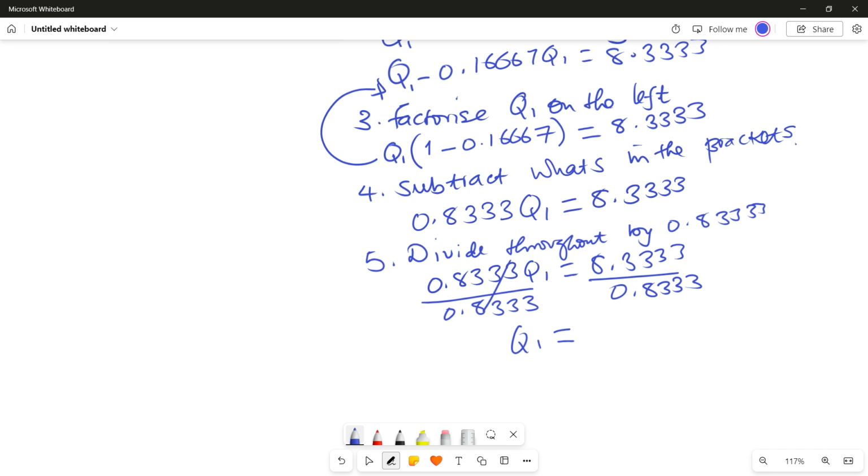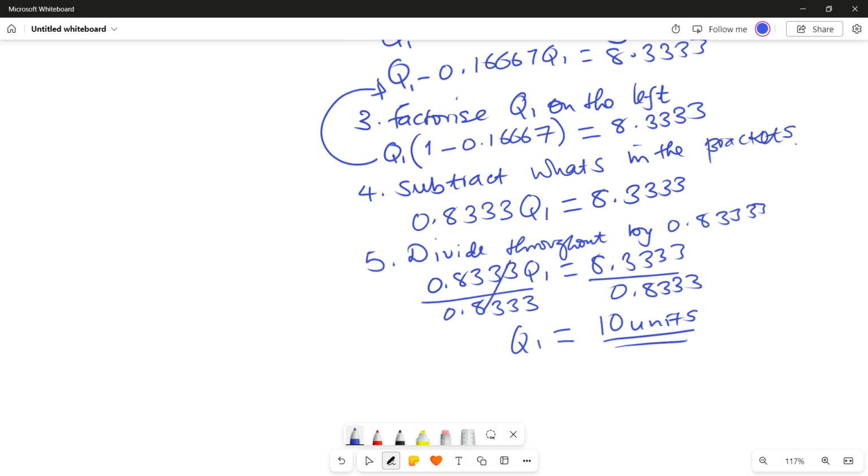When you do the division, we get 10 units. What does this mean? It means that this firm will be able to produce a total of 10 units from plant number 1.